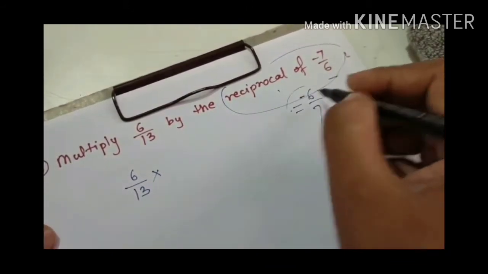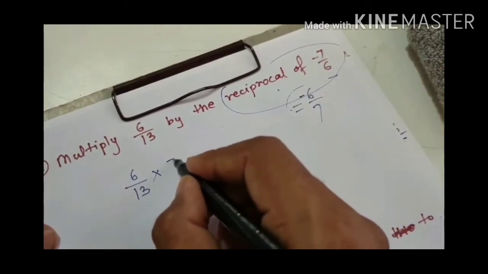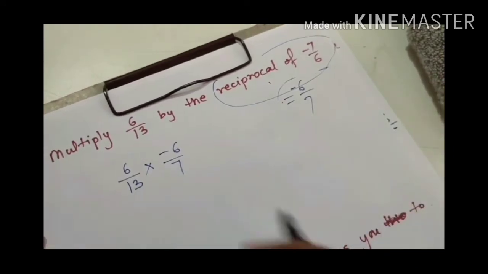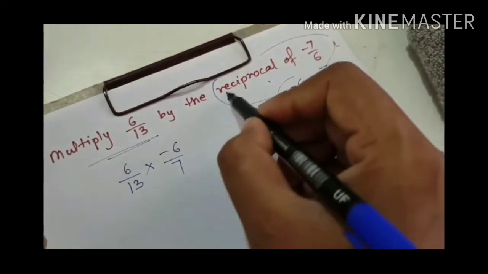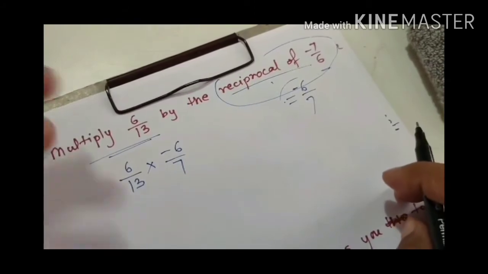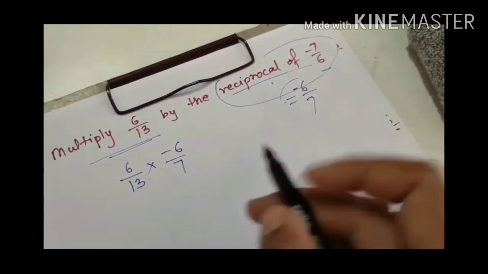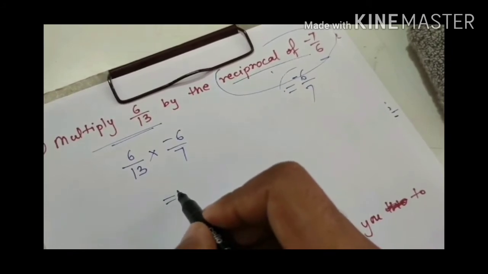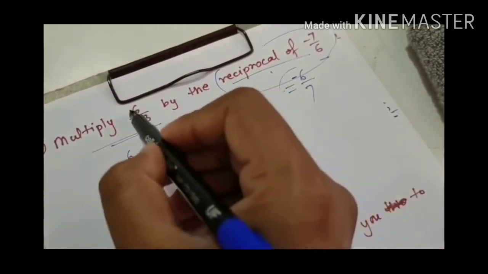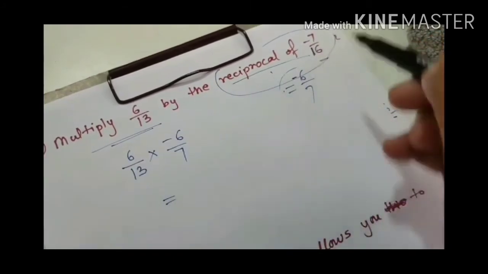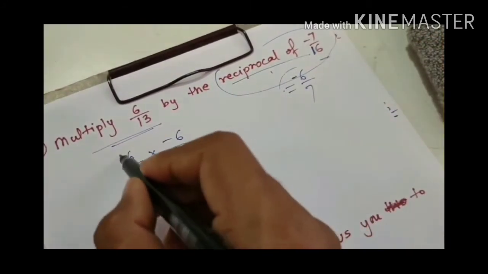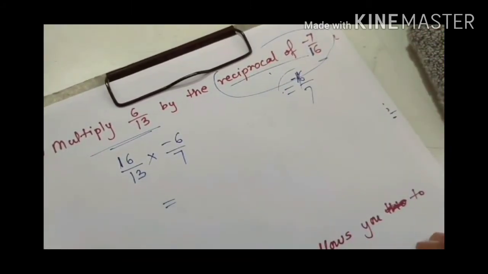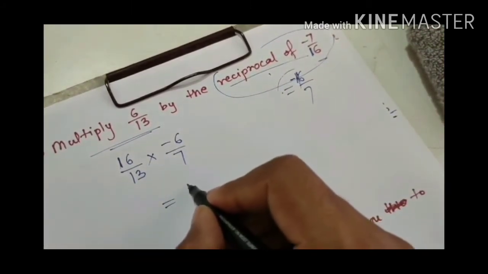Then what we have to do, according to the question, we have to multiply the same. 6 6s are 36. Let's see, oh sorry, I have forgotten to write that one, it is 16.